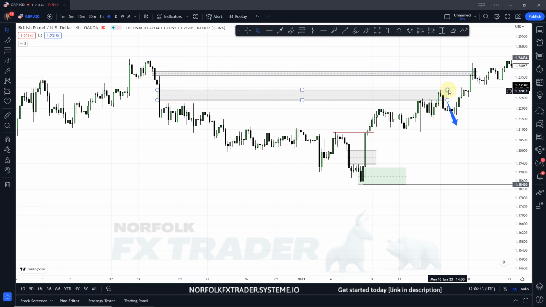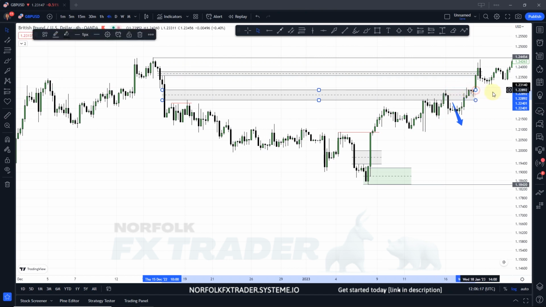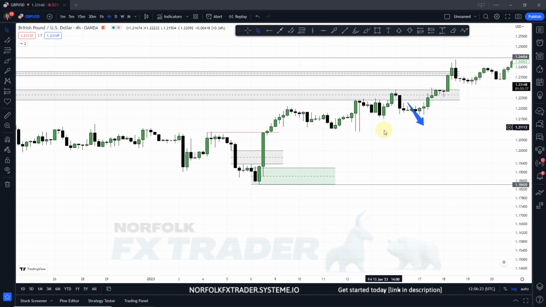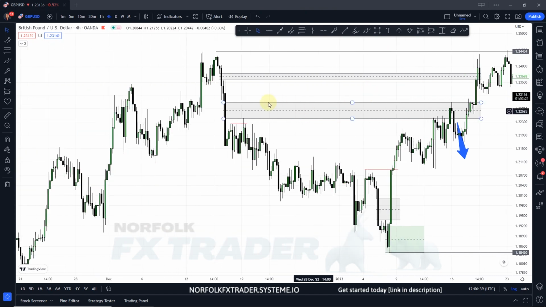So once we see a close through this imbalance in the market, which in fact happens on this bullish candle, to show you, let's go closer into price. We spike through, we close at it, we hold below it. Look at how price respects this area of imbalance, this high. Eventually we close through.